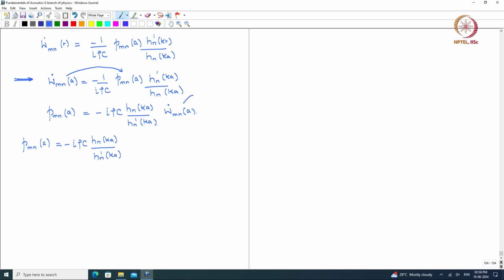Now this is written in terms of the original profile at a. These are coefficients of the mnth harmonic. What is the totality?